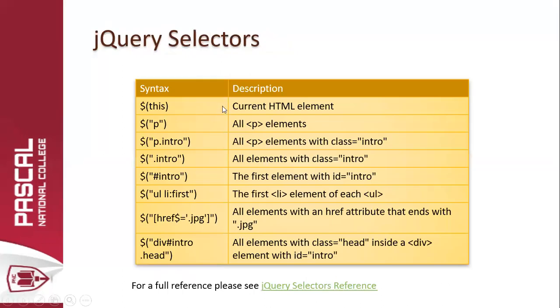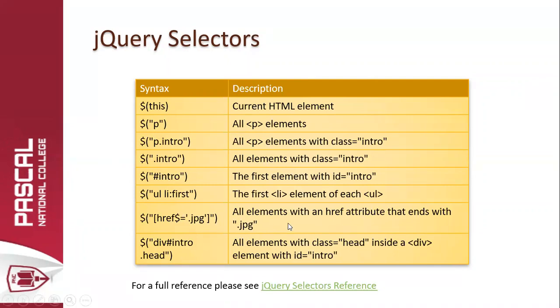These are some of the jQuery selectors. $this is the one if you want to select the current element. $P if you want to select your paragraph element. If you want to select your paragraph element which is using the class intro, this is how you can do it. If you just want to select elements with a class intro, you just need to do it like this. If you want to find elements with the ID intro, this is how you can do it.